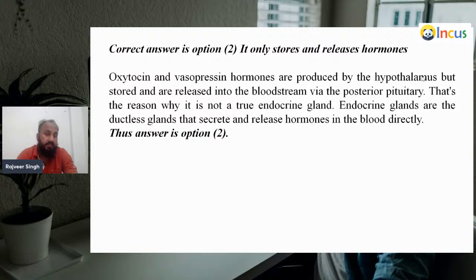That is the reason why it is not a true endocrine gland. Endocrine glands are the ductless glands that secrete and release hormones in the blood directly. So answer will be second.